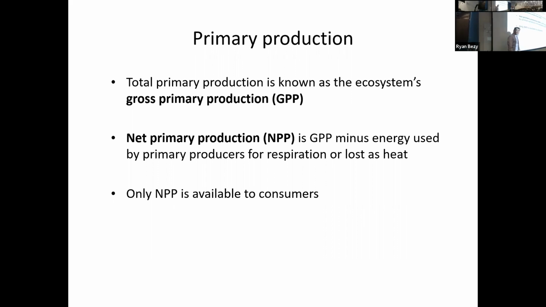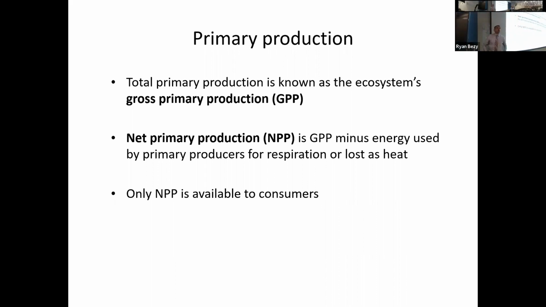Think of it like this. Again, it's business terms. The gross primary production is like the total amount of profit made by a company, or in this case, the total amount of energy harvested by the producers. But with businesses, they still have to pay their workers and pay for the supplies to make their product. So some of that profit has to be used to support the business, and not all of it is available as actual revenue.